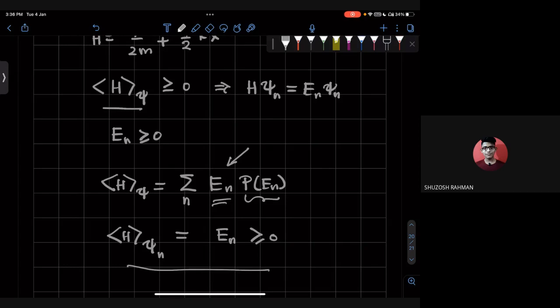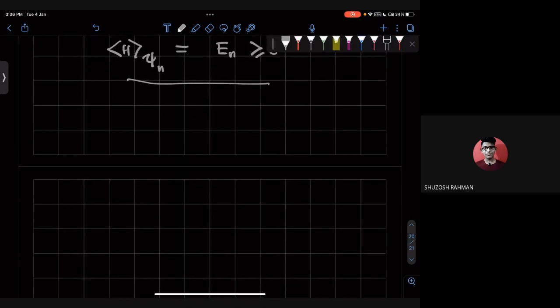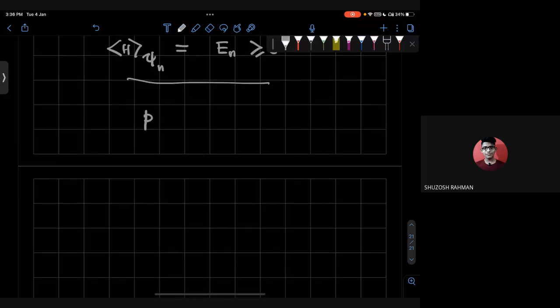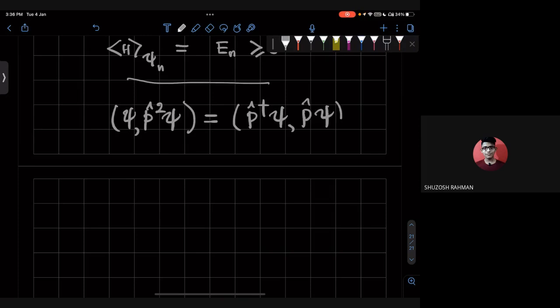Okay, so why is this positive? Well, the argument that we use, say, if I were doing p squared acting on psi, then we can write this as p dagger of psi, p of psi. This is the definition of Hermitian conjugate.